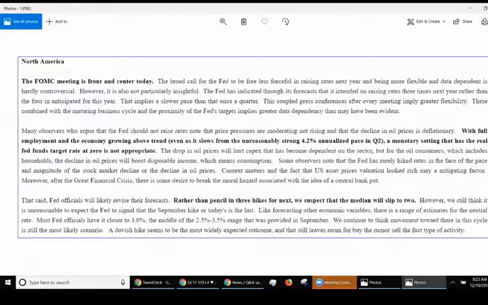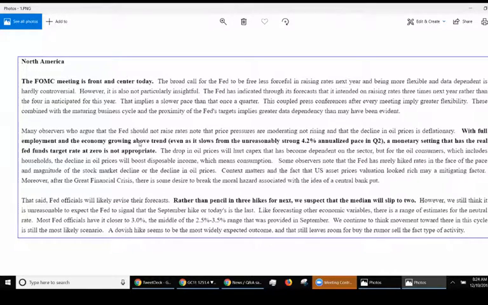This coupled with press conferences after every meeting already imply greater flexibility. These combined with the maturing business cycle and the proximity of the Fed's targets implies greater data dependency than may have been evident. What he's saying here is he doesn't see any reason for the Fed to change. Okay. Now, let's go through a couple other things.